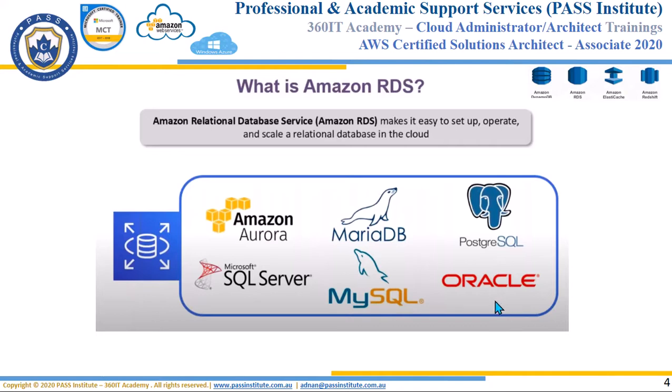If the application that is migrating to Amazon uses any one of these databases, it can be hosted inside RDS. Among all these databases, the most famous are Microsoft SQL and Oracle. Oracle is very expensive, and these are all enterprise-type databases.